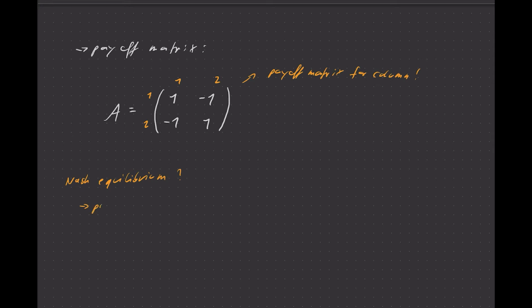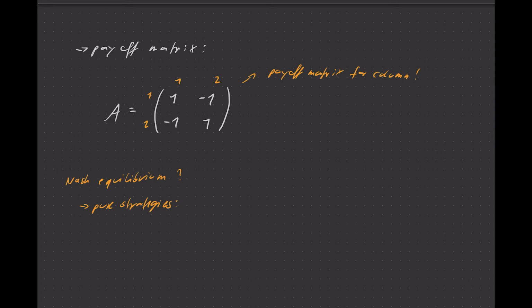Let's first see if we can find one in pure strategies, because that might be easiest. To do that, we'll assume there is a Nash equilibrium in row 1. So fix that row and assume there is a Nash equilibrium there. Either we find it, and we are good, or we can show that there can't be one.